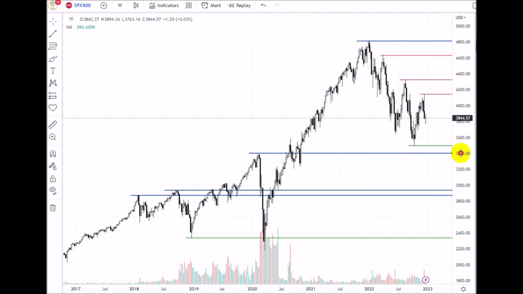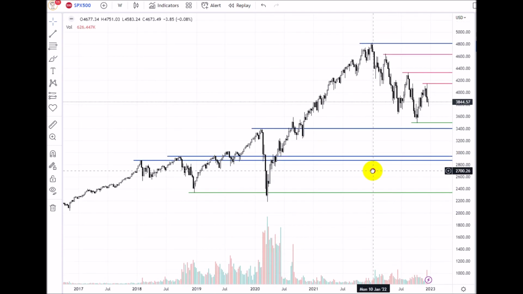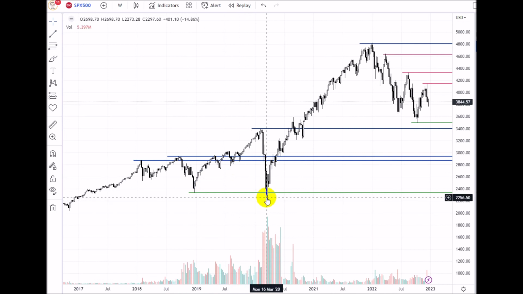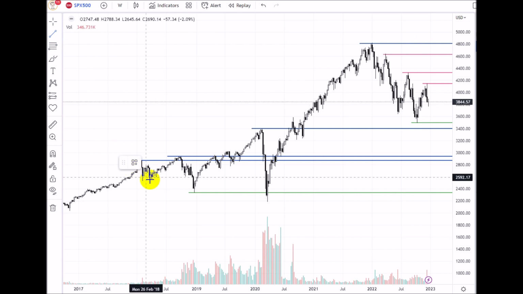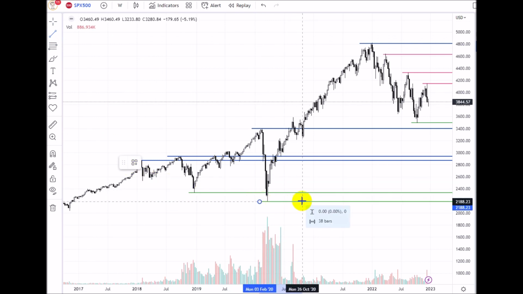And that can happen, and it is a viable move. This is essentially a testing of this low. It moved below it, called a scouting party, and then it rolled back up to the upside, which means it failed to succeed, failed to break below this low and establish this new low down here.